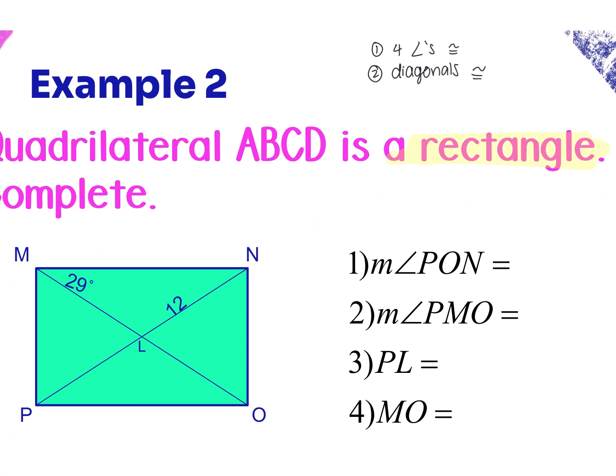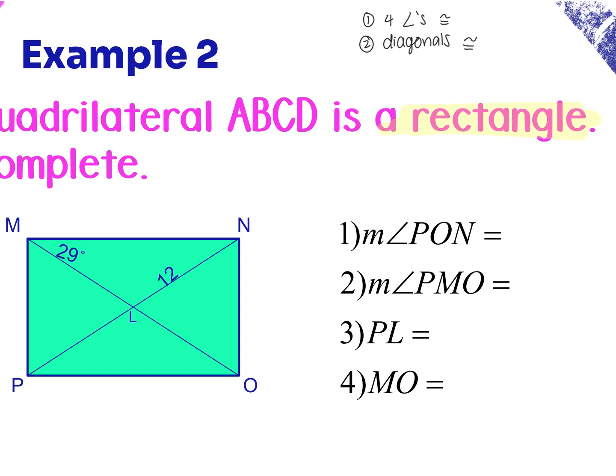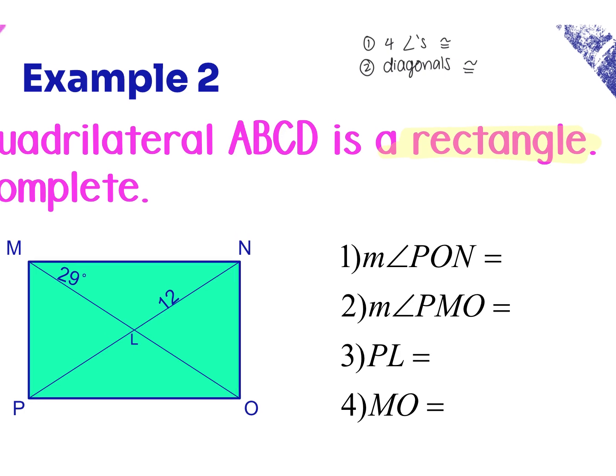Okay, so here's a rectangle. We all know what a rectangle looks like. It has opposite sides that are congruent, angles that are congruent, and your diagonals that are congruent. And let's go ahead and answer some of these. Looking at the first one, they want us to find the measure of PON, which is right here.